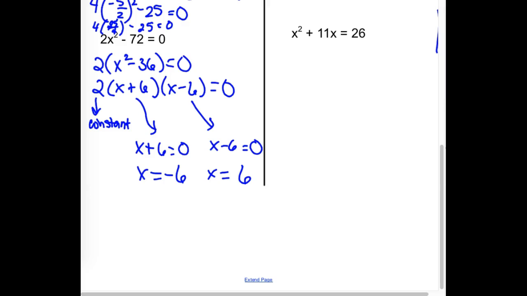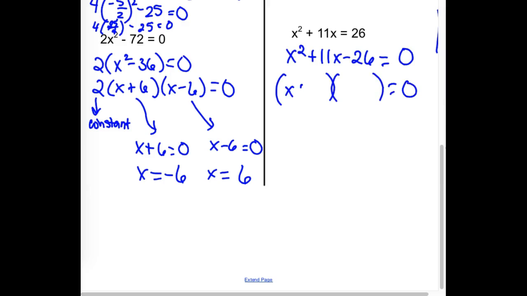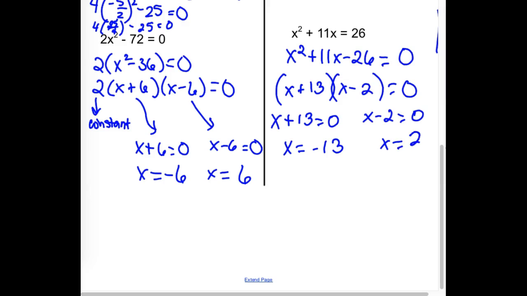First step on this one was to do what? All right. How did we factor it? Positive 13 and a negative 2. All right. Setting them equal to 0, our solutions would be a negative 13 or a positive 2.